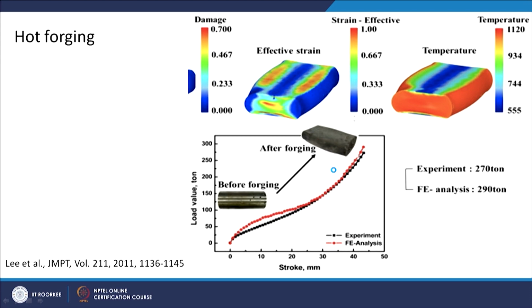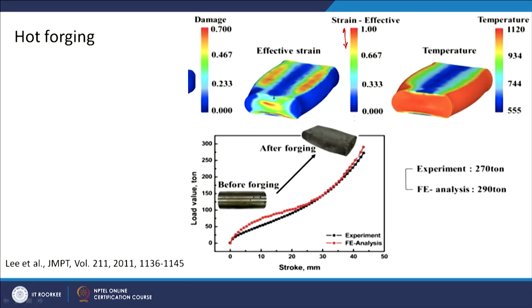As you can see, effective strain is plotted here and the color coding is given here. Blue is very low strain, red is very high strain, and they are trying to show where the high strain is achieved. So, basically the idea is that in the same deformation process you achieve different levels of strain and strain rate in the material.